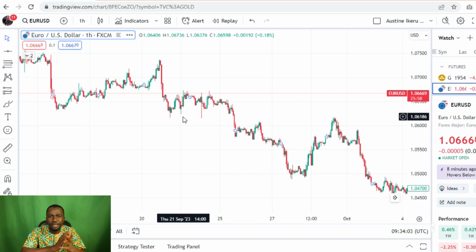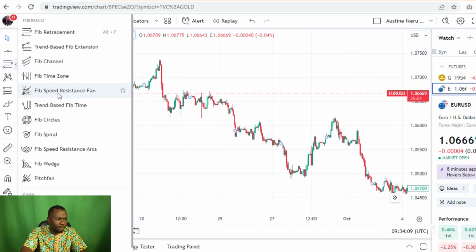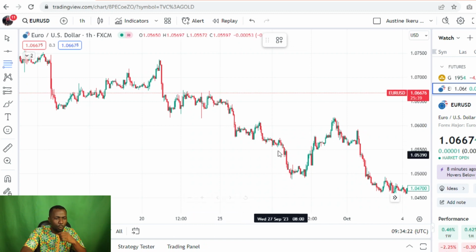So if we want to trade this market using the Fibonacci retracement tool, we simply go to the Fibonacci retracement tool and then plot it out, right? What I'm doing now depends on where you meet the market. Let's assume you met the market somewhere around here.